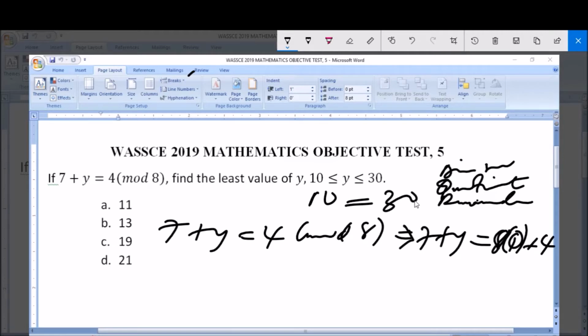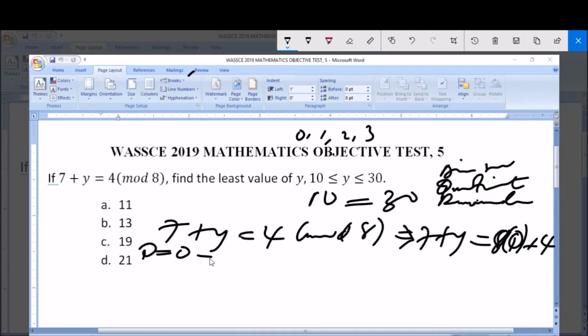Now the quotient can be any number from 0, 1, 2, 3, and so on. Since the remainder is 4, these are the range of the quotient.